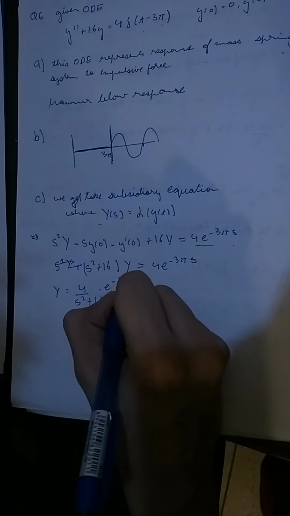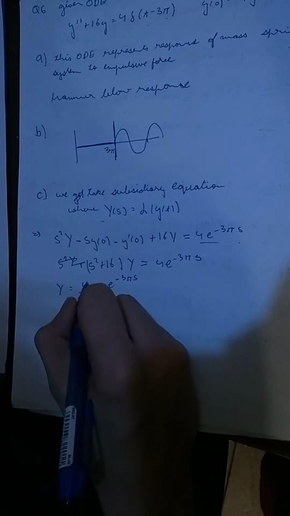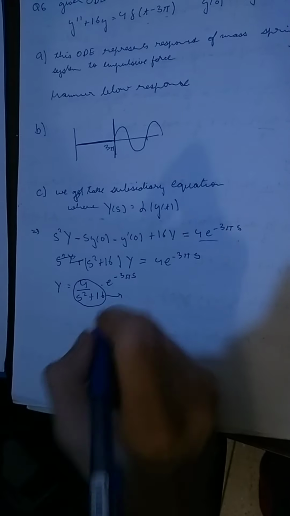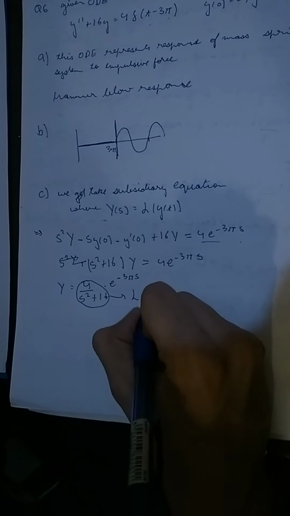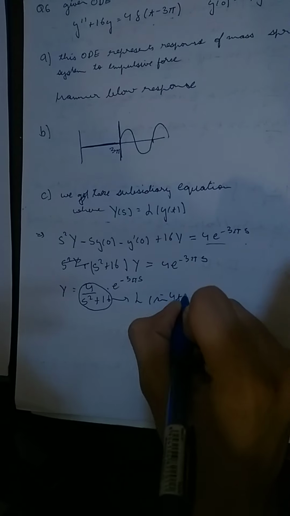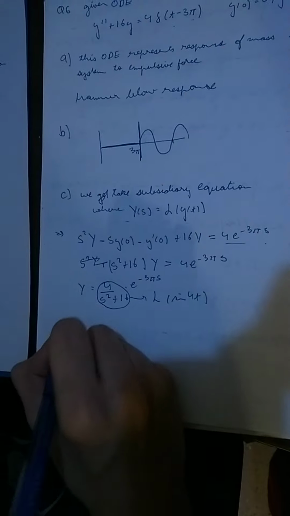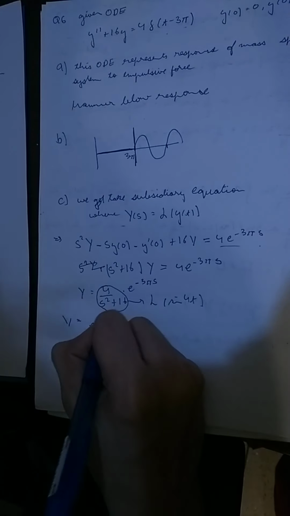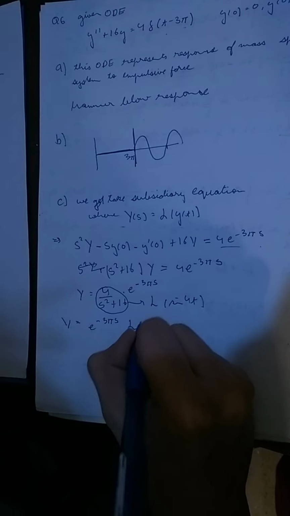We know that this will be the Laplace of sine of 4t. Now Y is equal to e raised to the power minus 3πs times the Laplace of sine 4t.